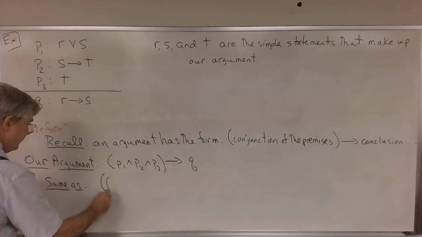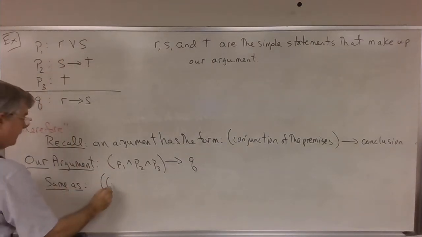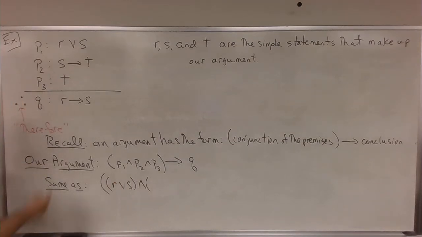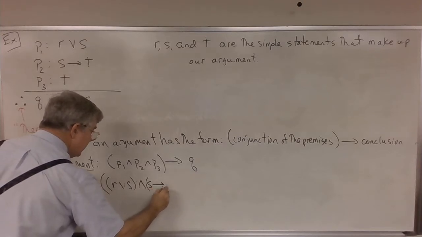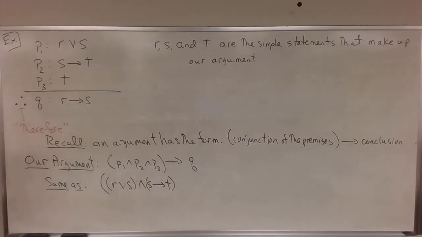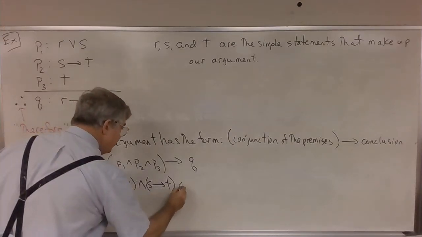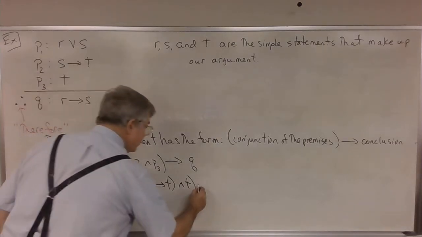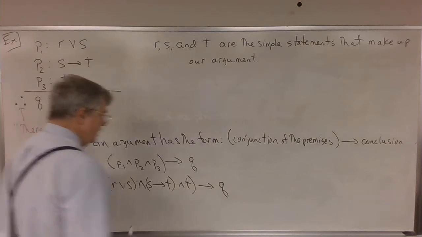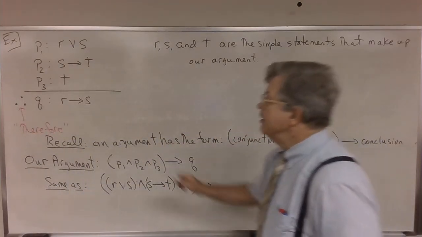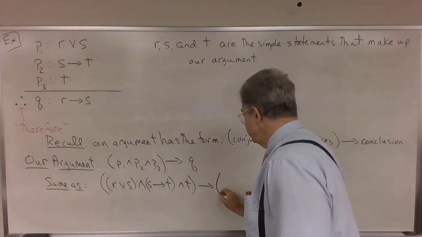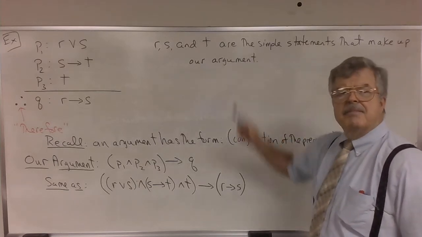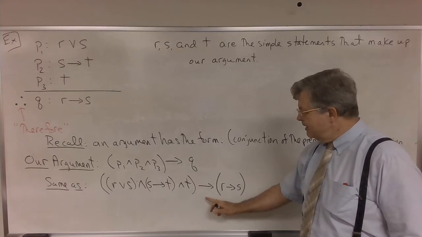So really what it looks like, let's see, P1, R or S, and P2, S implies T, and P3, T. So here's the conjunction of the premises implies the conclusion Q, but Q is made up of R and S. Son of a gun, in terms of the simple statements that make up our argument, this is what our argument looks like.